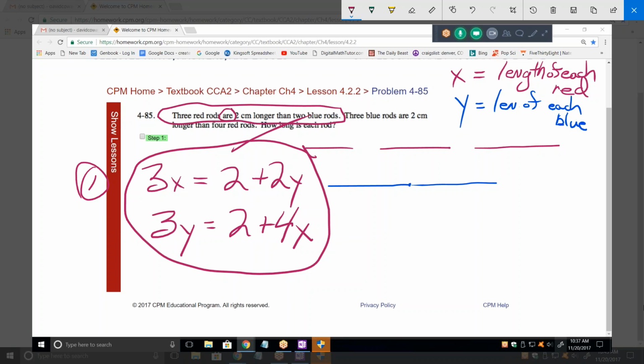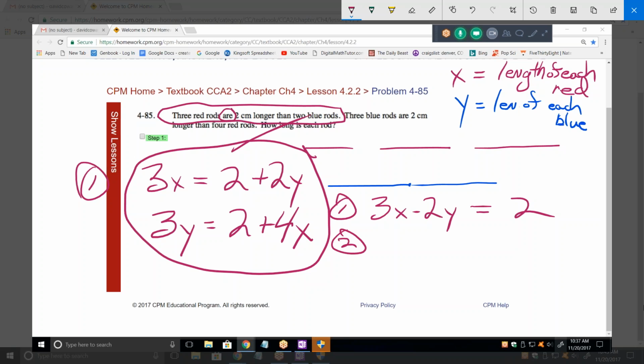So you'd have to subtract 2y? Okay, just give it to me. So 3x minus 2y equals 2. Okay, that's one equation.